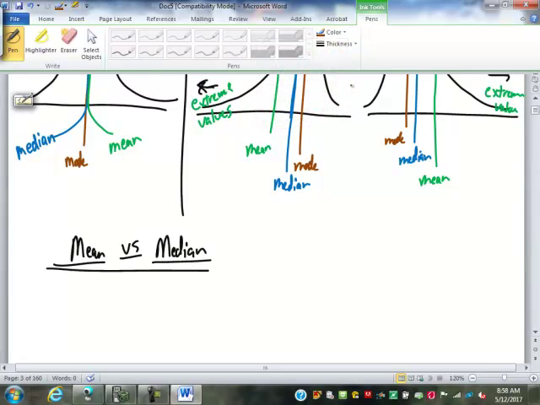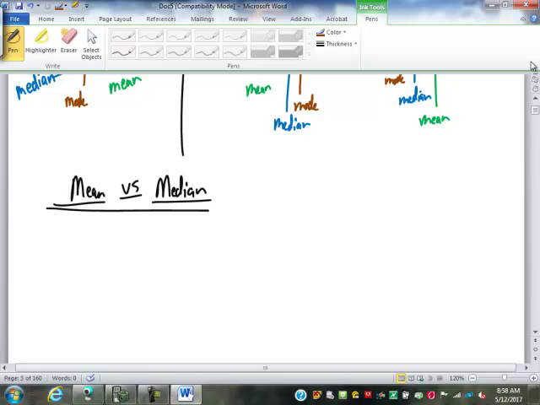But the example that demonstrates the usefulness of these, the one I like, and it's also another example that demonstrates how statistics can be abused, is 1983, University of Virginia.